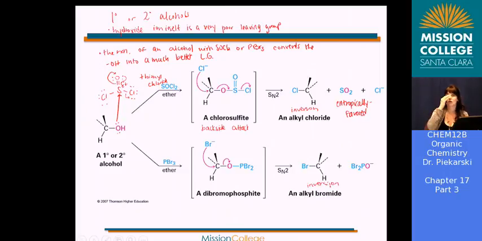Once again, I'm oversimplifying the mechanism for you. Make sure you practice this mechanism, though, because it'll help you remember what type of mechanism is happening. I need to know the mechanism because I need to know the stereochemistry, right? So be careful with that.